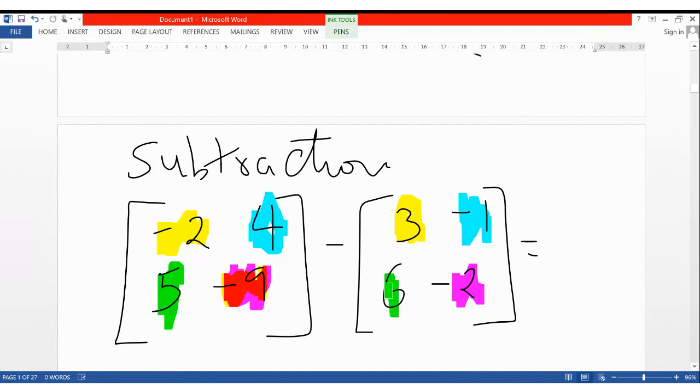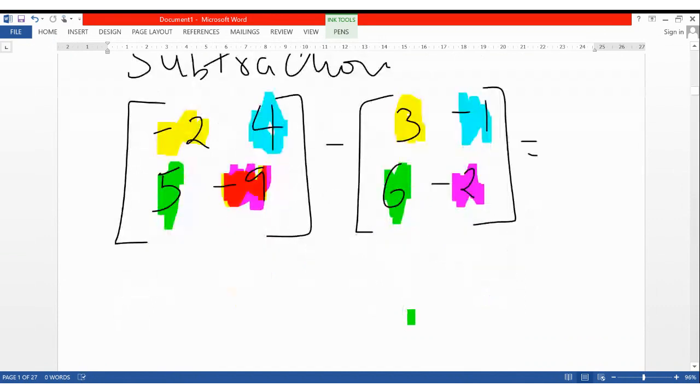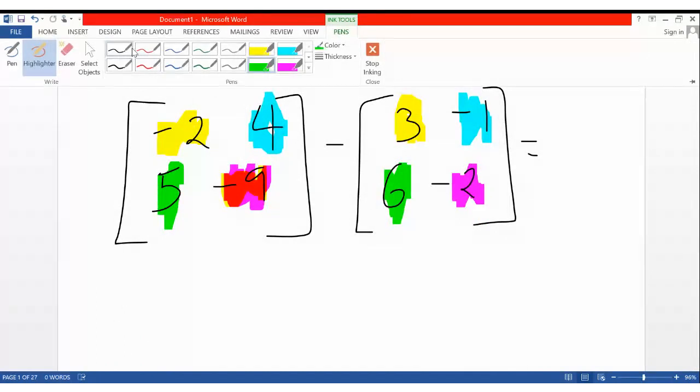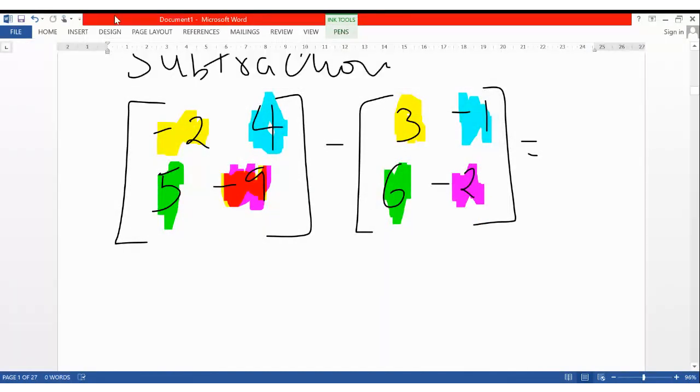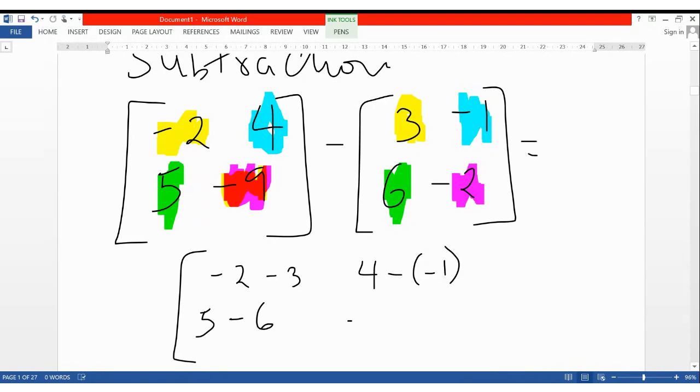So this is what I'll have now. I'll have negative 2 minus 3. Then I'll have 4 minus (negative 1), it's always good to put brackets, and then 5 minus 6, and then negative 9 minus 2.